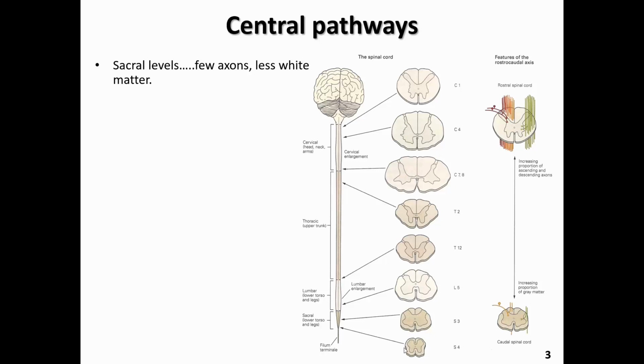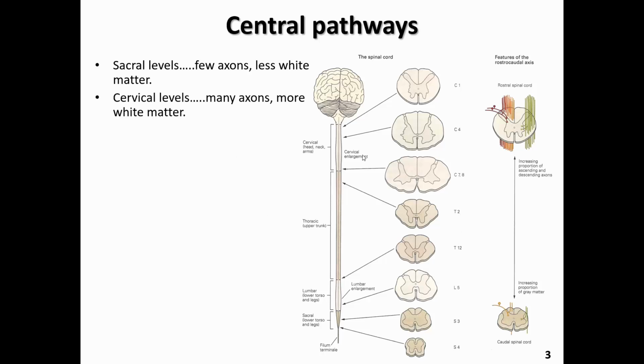We don't see as much white matter, but we see a very large area devoted to the gray matter. So we have relatively fewer axons at the lower levels. We still have axons, but not as many as we see with the upper levels.